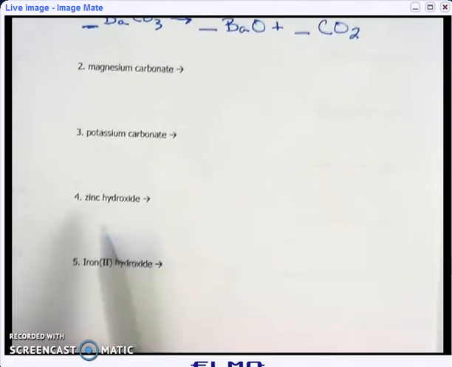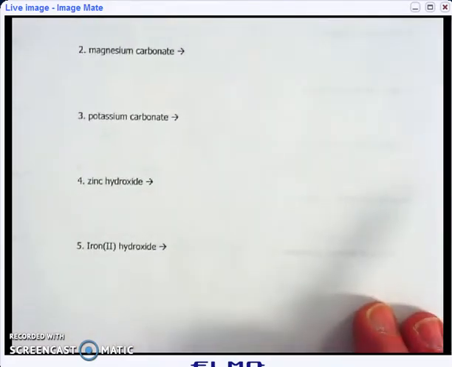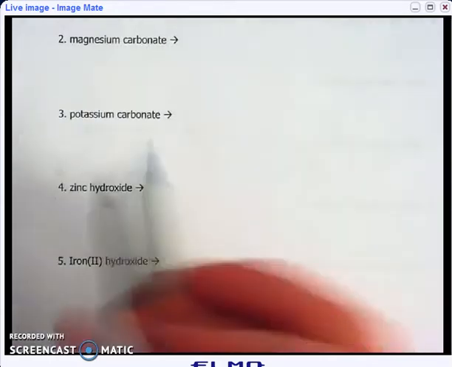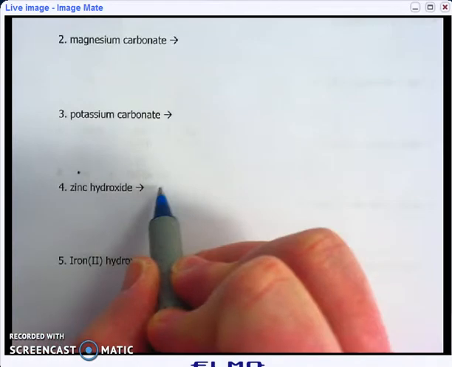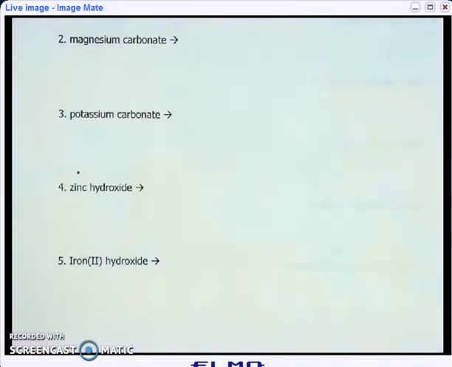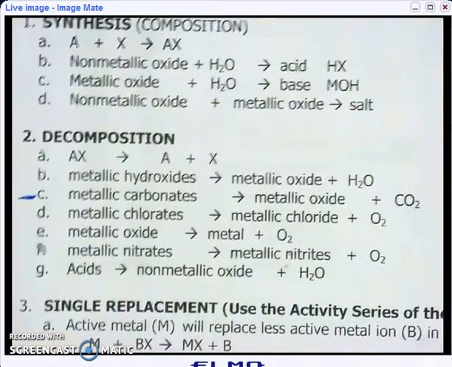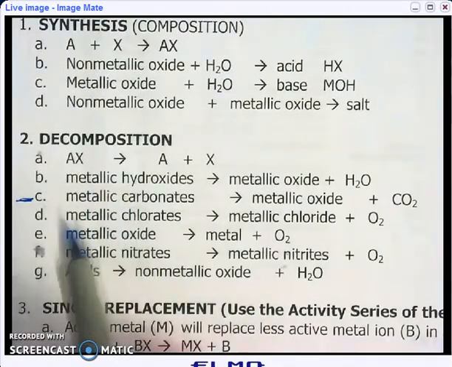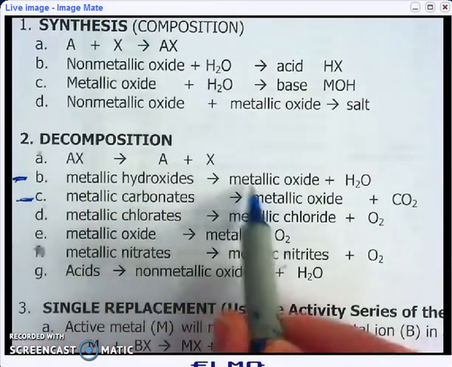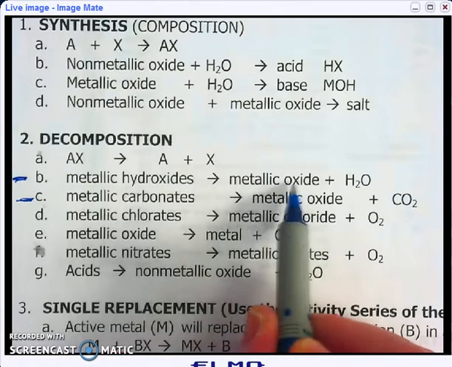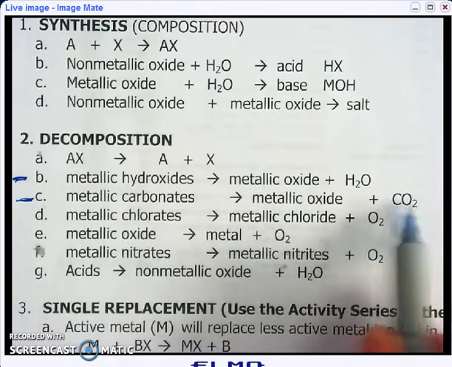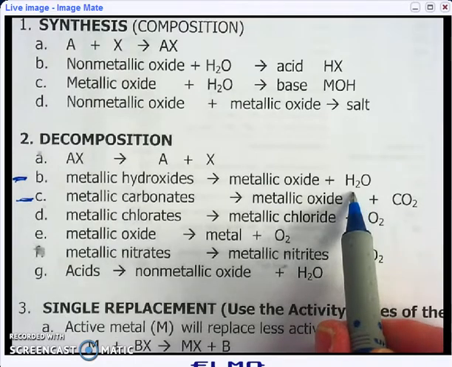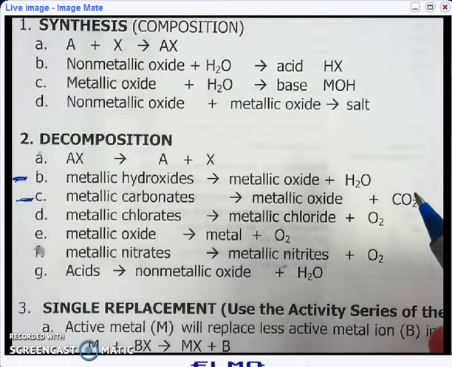Okay, last one. Let's go down to the zinc hydroxides. So zinc hydroxide forms, if we look at its hint, the metallic hydroxides form the same thing, right? A metallic oxide. But this time, instead of carbon dioxide, it's water.